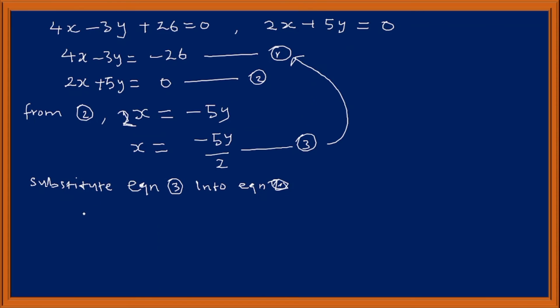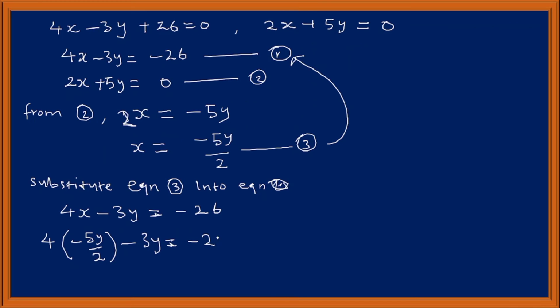Equation number 1 is 4x minus 3y is equal to negative 26. So in place of x, I'm going to put in minus 5y divided by 2. So I'm going to have 4 into negative 5y divided by 2, minus 3y is equal to negative 26.